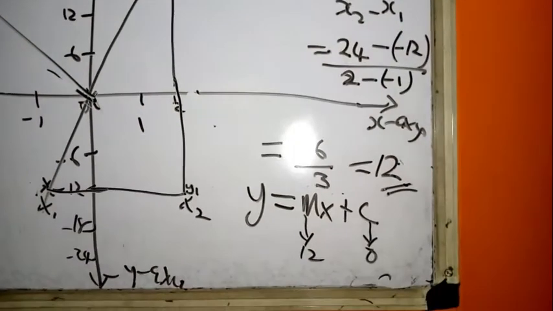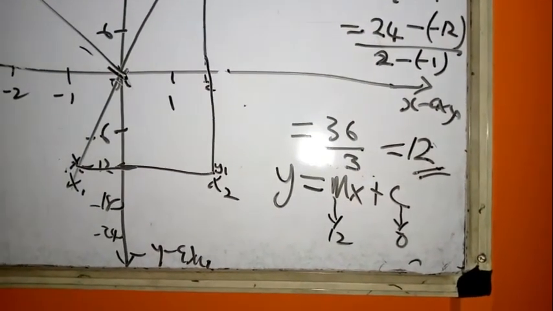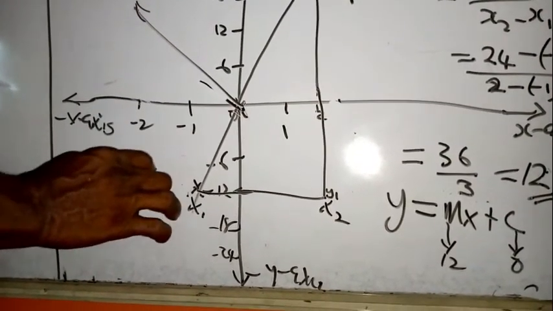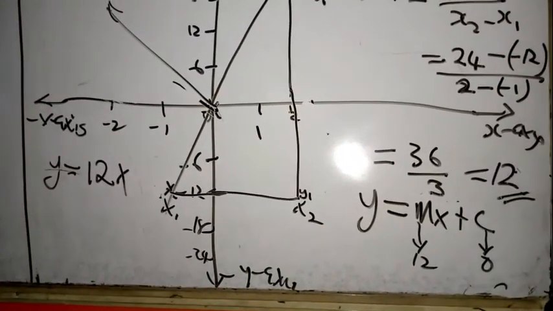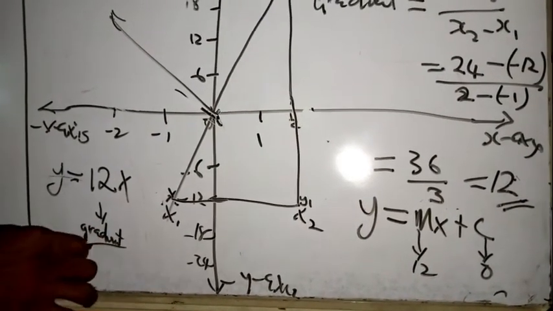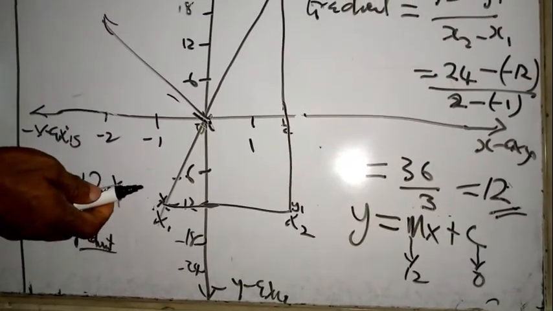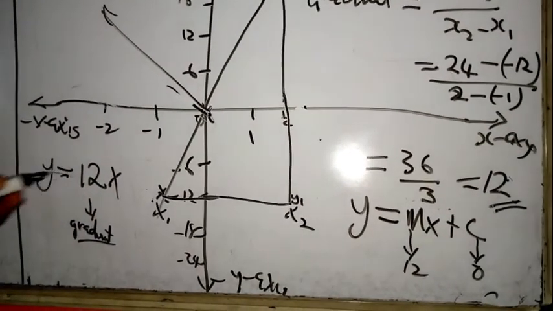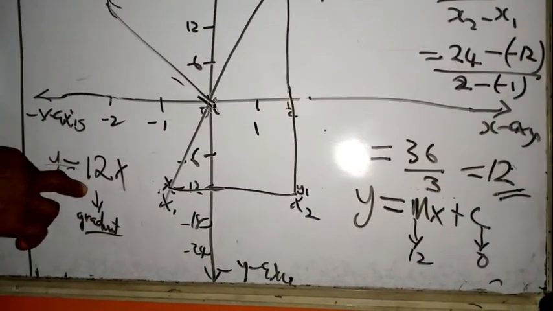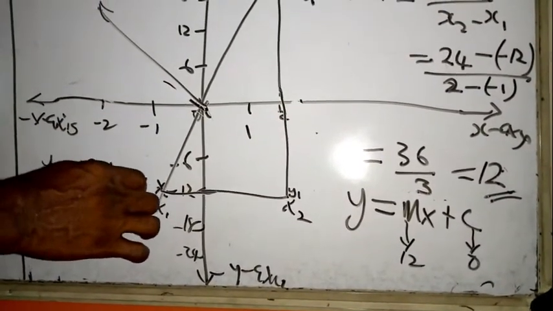Relating y equals mx plus c to our equation, y is equal to 12x, where 12 is the gradient value from the curve, multiplied by any value of x that will make up your y, plus c.